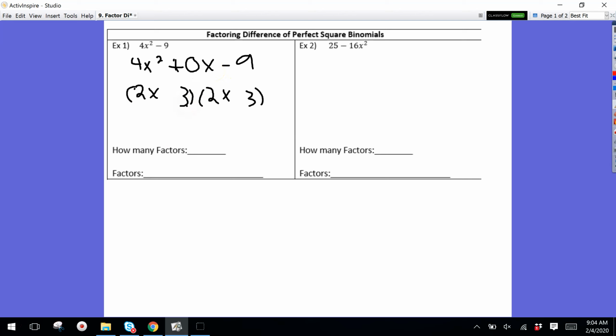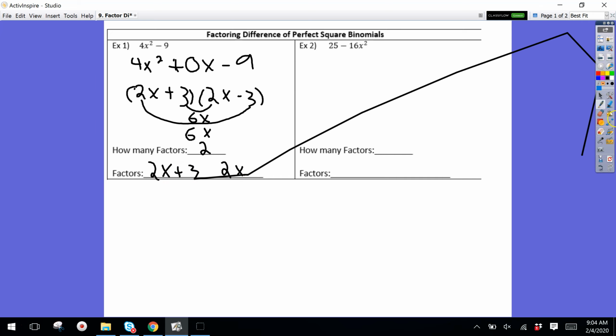When I multiply 3 and 2x, I get 6x, and when you multiply 2x and 3, you get 6x again. My only concern is to get two different signs, so one needs to be plus and the other minus, and then it cancels out. So I have two factors, and my factors here are 2x plus 3 and 2x minus 3, sorry.